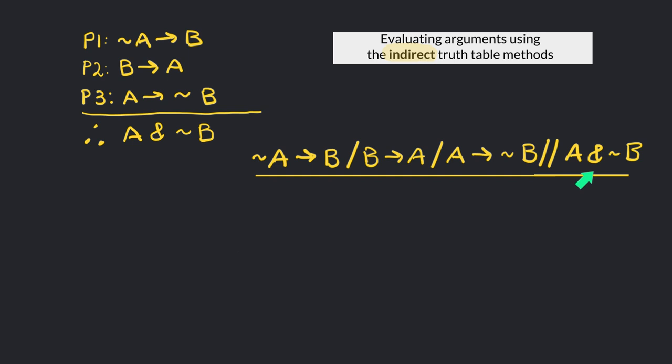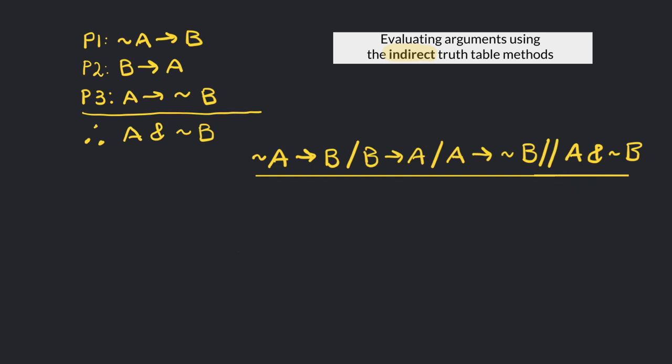Here in our conclusion, we've got a conjunction. A conjunction is true only when both conjuncts, both sides of the ampersand, are true. That means that there's three cases where the conjunction is false.